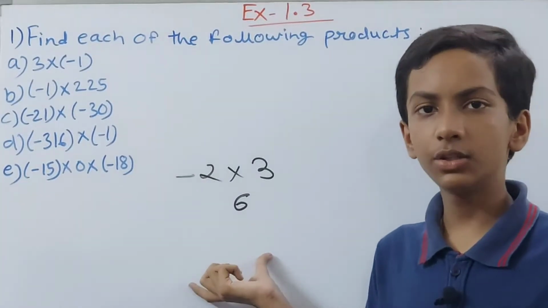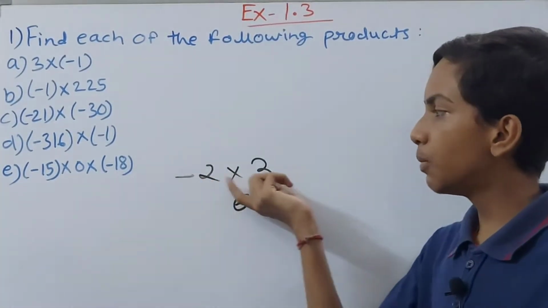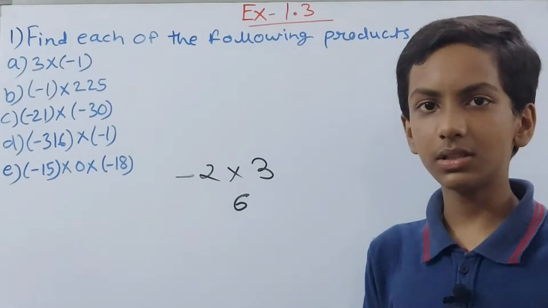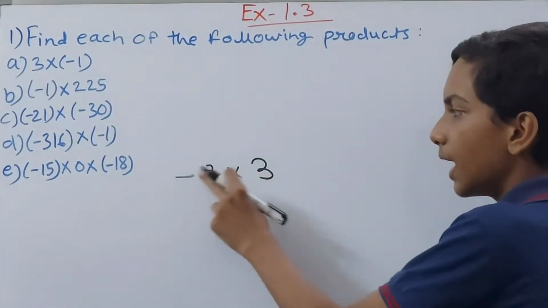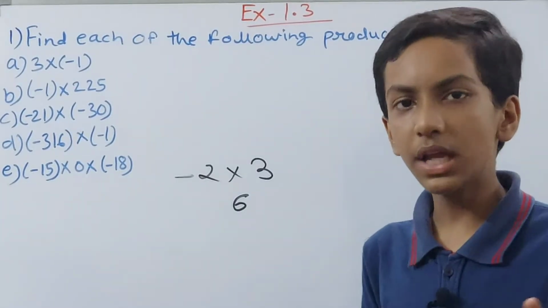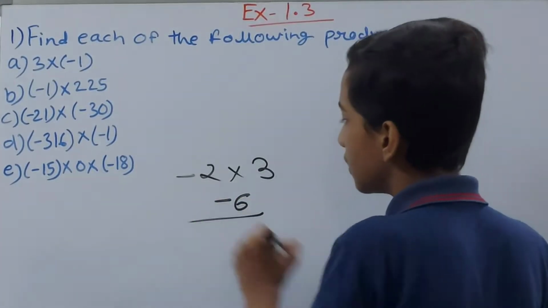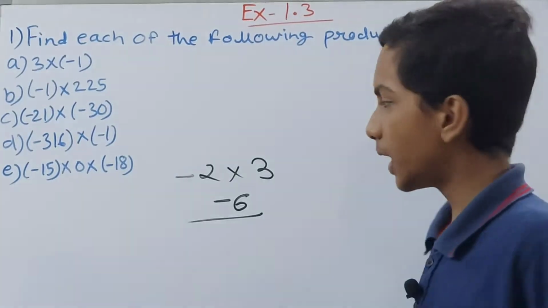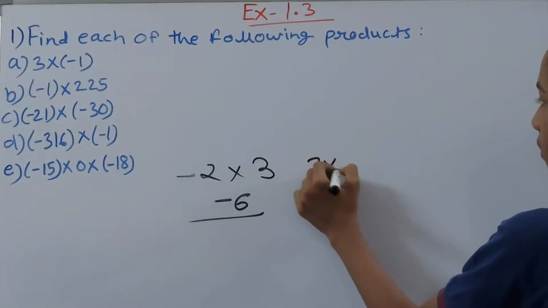Now you write the sign. Both of our numbers have different signs, one plus and one minus, so we put a minus sign here, so this becomes minus 6.